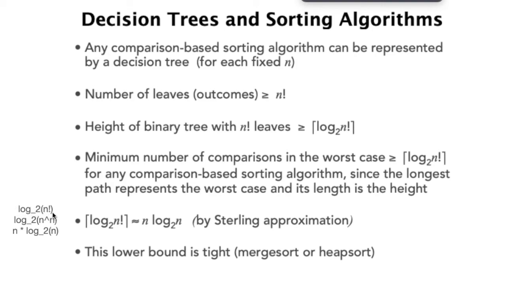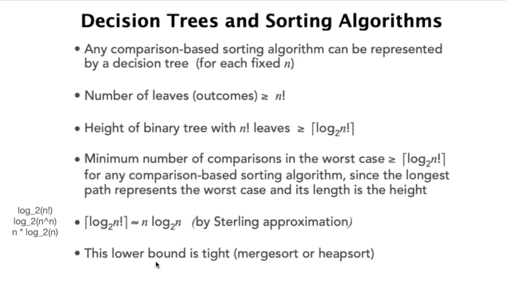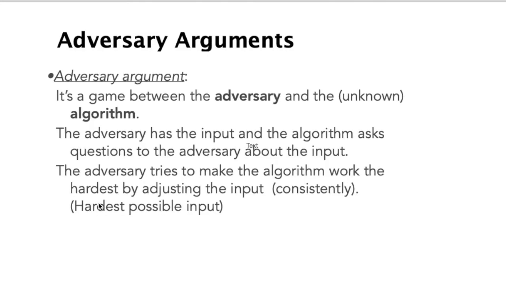We know that n factorial is approximately equal to n raised to n. If we get the logarithm of n raised to n, we have n log n. And since we have corresponding algorithms with n log n as the running time, this is a tight lower bound for sorting.